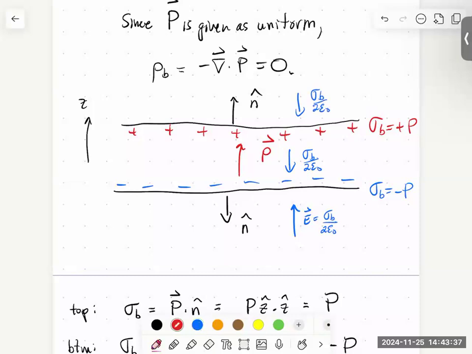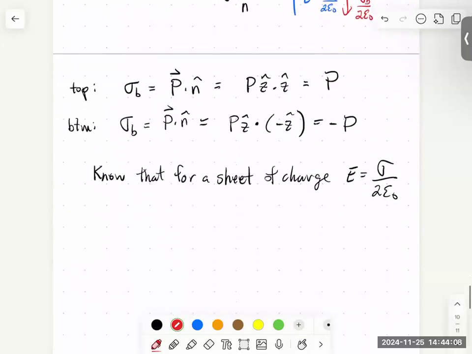But then we also have the contribution from the positive surface charge, and electric fields point away from that positive surface charge. And so just like a capacitor, what we end up with are electric fields that add between the plates and cancel outside of the plates, or outside the surfaces, or outside the material in this case.